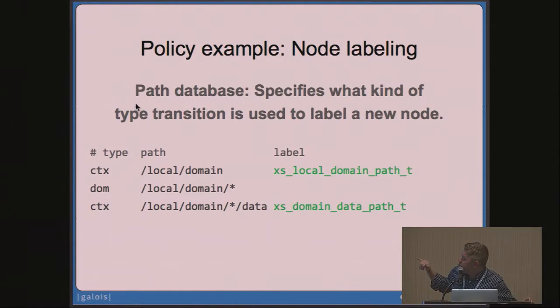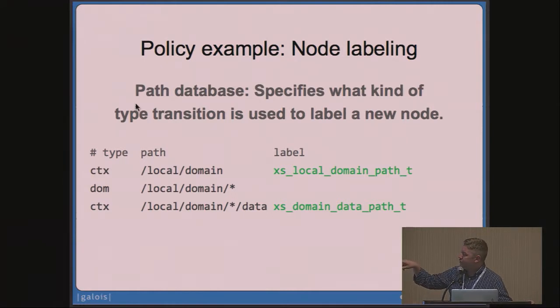So I'm going to skip to the third line here where we look at /local/domain/*/data. This is a similar rule to the first one, except we have a wildcard in here. And these wildcards aren't globs, they're not regular expressions. They're literally a single token that says one path element can occur here. So it's a very simple form of wildcarding. Obviously, the intent is that there's a domain ID in there.